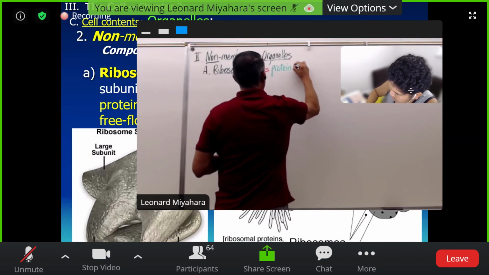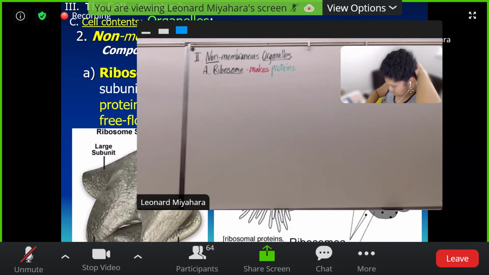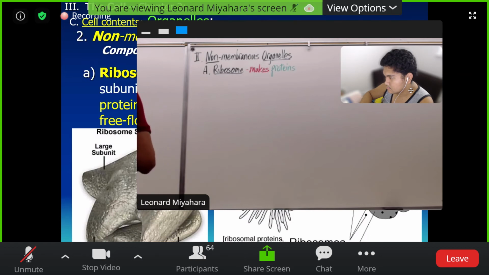So any cell that makes, well, every cell makes some proteins, but some cells like beta cells in the pancreatic islets have to make a ton, and they will have a ton of ribosomes. Most of that is stuck on the rough endoplasmic reticulum, but you can also see at the very bottom it can be free floating in the cytoplasm.